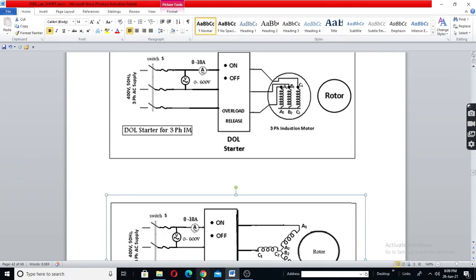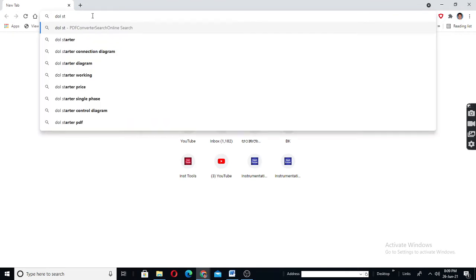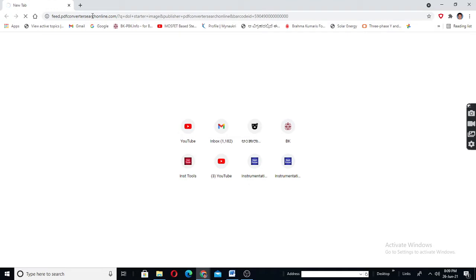Right. In a DOL starter, you have start and stop buttons.